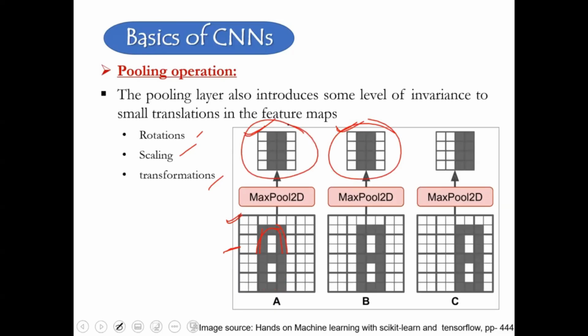So we can say that small translations are totally handled by the pooling operation. But if there is a larger translation, here 2 positions are shifted, it has captured most of the features, but still some features are modified. That's why pooling introduces only a small level of invariance, only a small part.